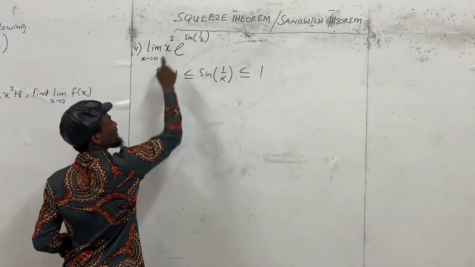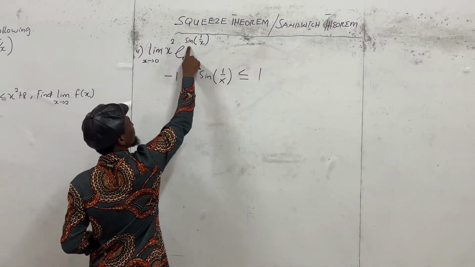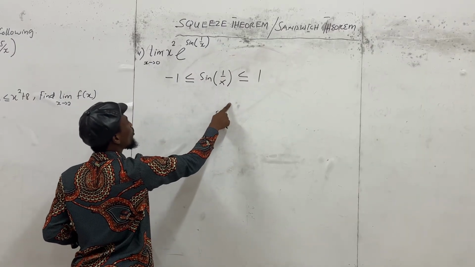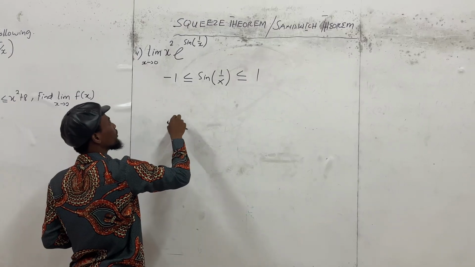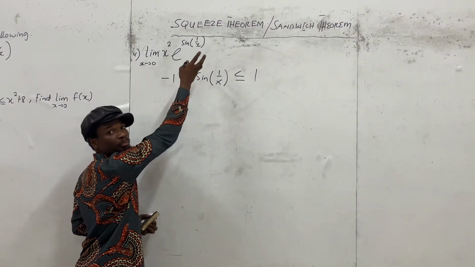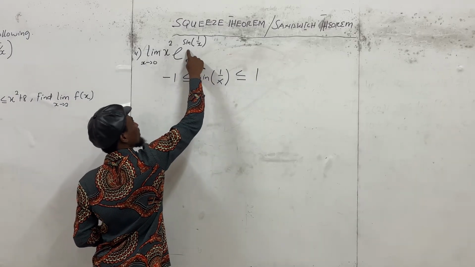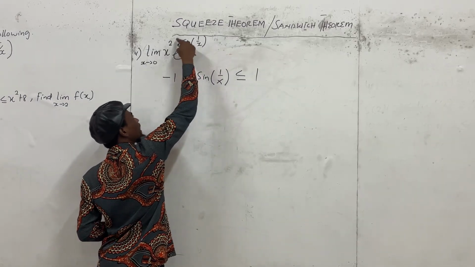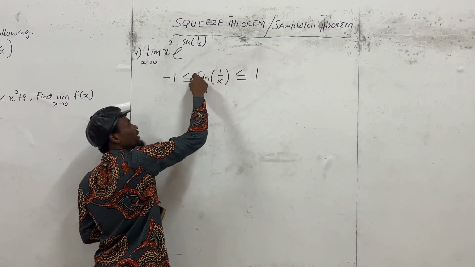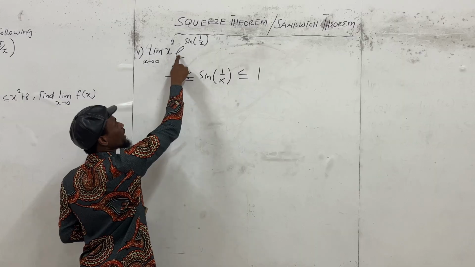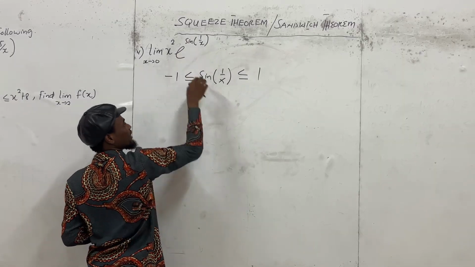Okay, so here, viewers, what can we do to this in order to get this? We have sine of this expression, right? Because this is acting as the exponent, we can also make this one behave like an exponent, so exponential, or e to the power of this.